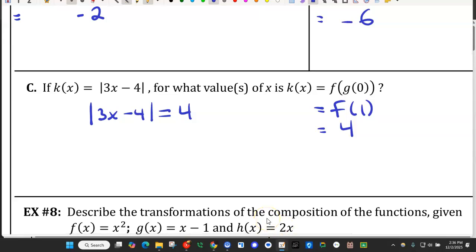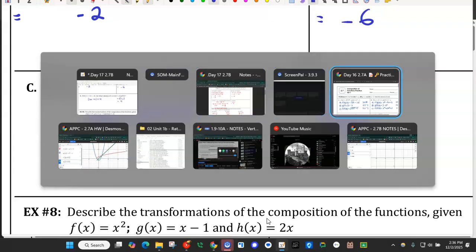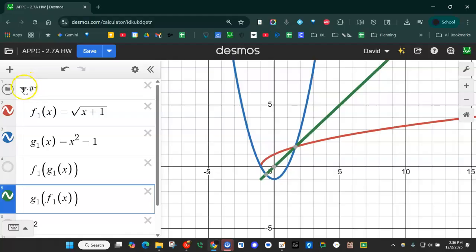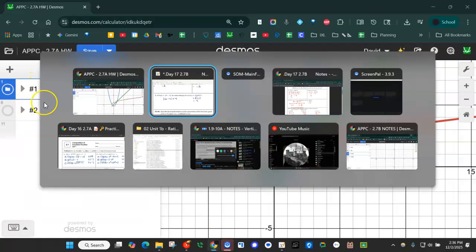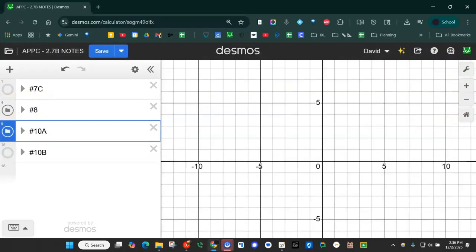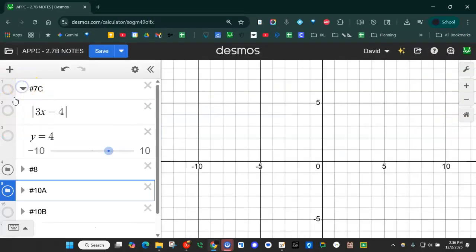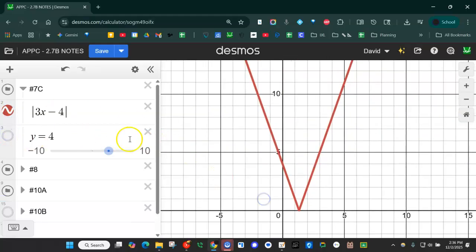Now, let's take you back because maybe you haven't solved absolute value in a while. If I graph just the absolute value of 3x minus 4, obviously it's a V shape, it's absolute value, right?